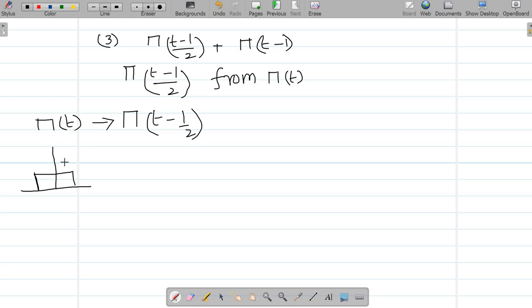It is having an amplitude of 1, and it commences from negative half a second to positive half a second. So it has to be delayed by half a second, so I get this one.